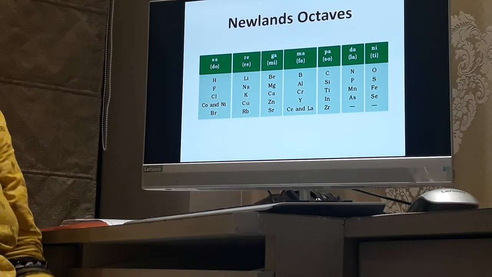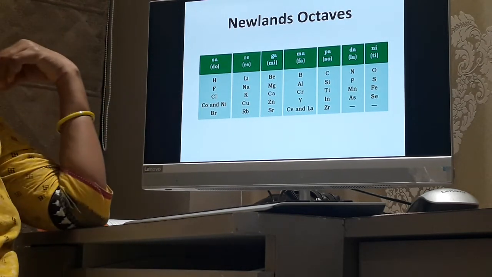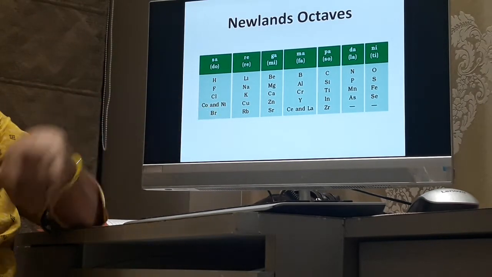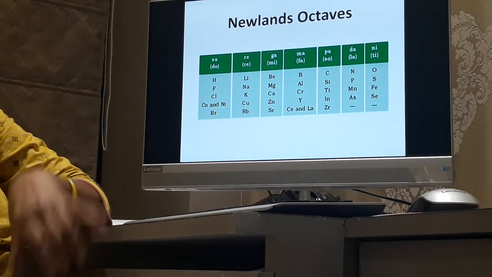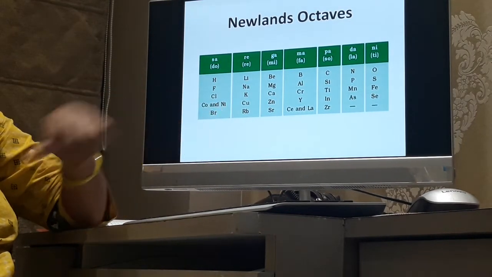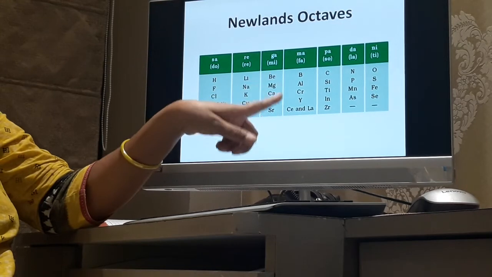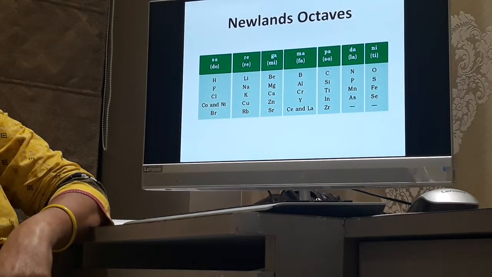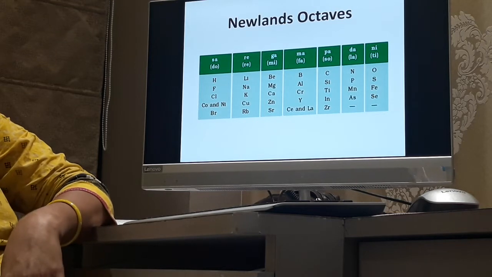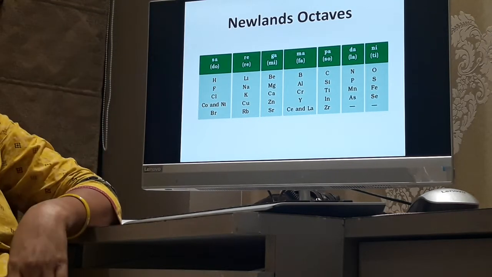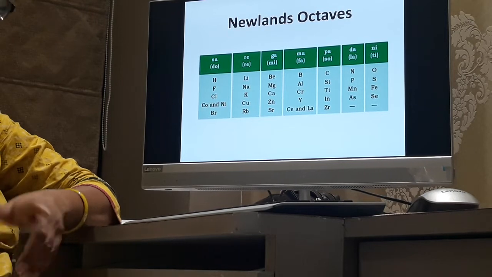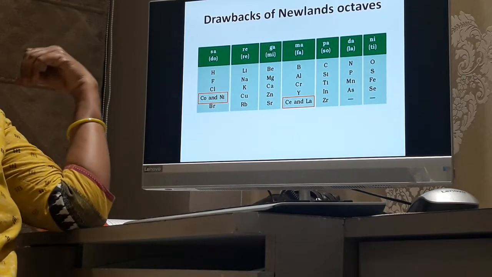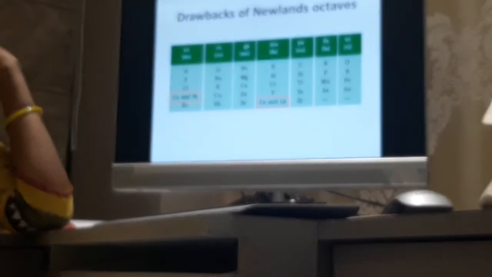But children, when you see the table, in one place you can see 2 elements at the same place, that is cobalt and nickel, and in one more place you can see selenium and lanthanide. There must be a question in your mind, how come there are 2 elements in this row? So let's explain that. This is the drawback of Newlands' octaves.